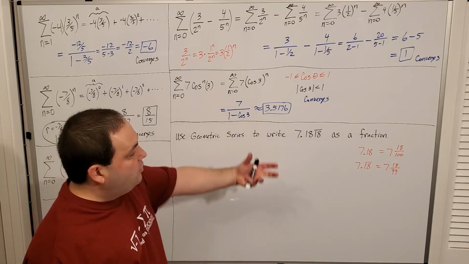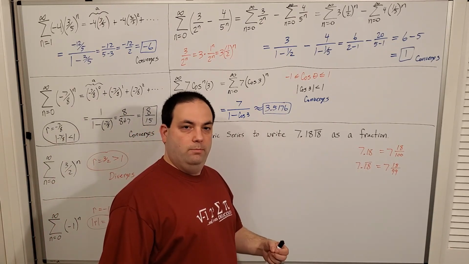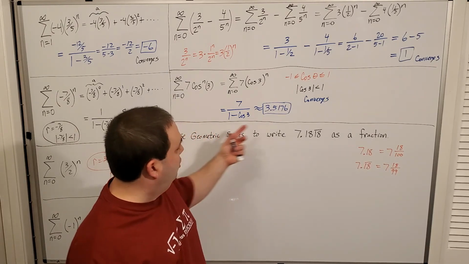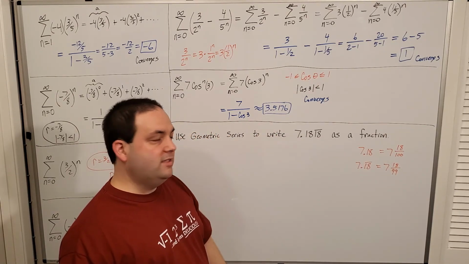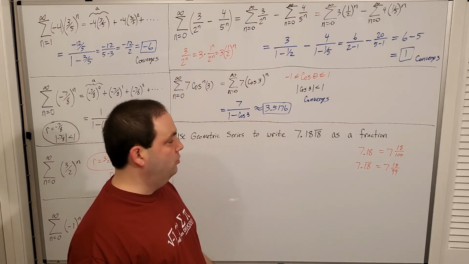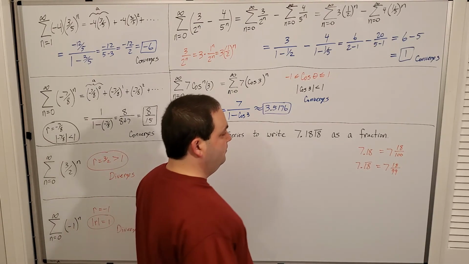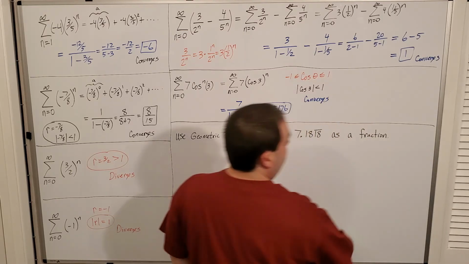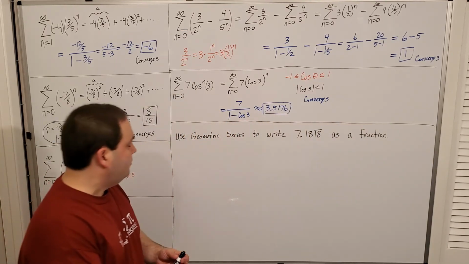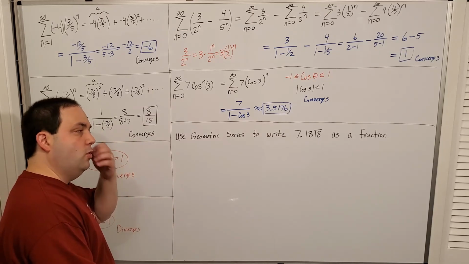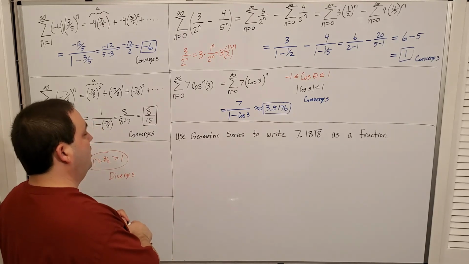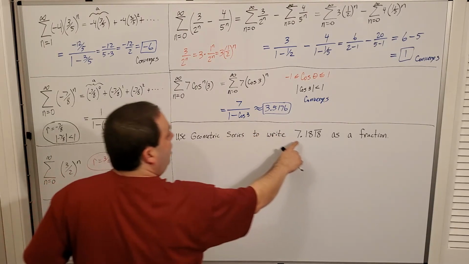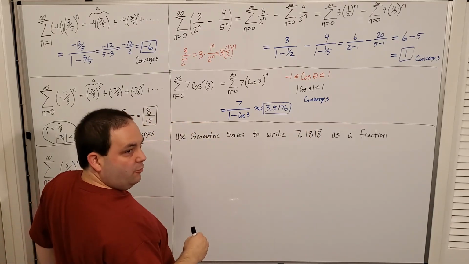But where does that technique come from? That's what we're going to talk about right here. One of the ways that you can show that that technique is true is using geometric series. There's also some algebra that you can use to show that it's true. But let's use a geometric series since we're on that. So this is what I do. I rewrite this number as a series.